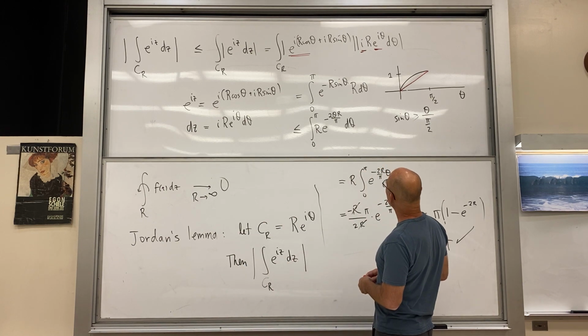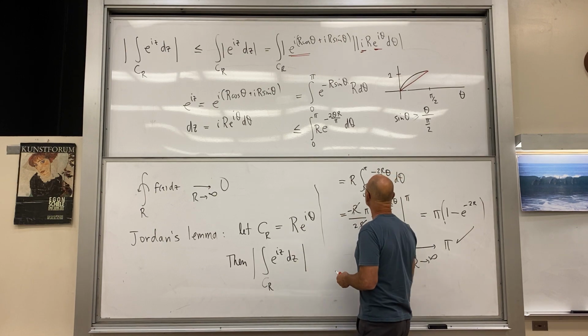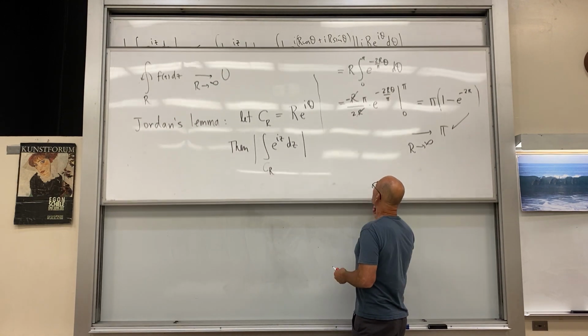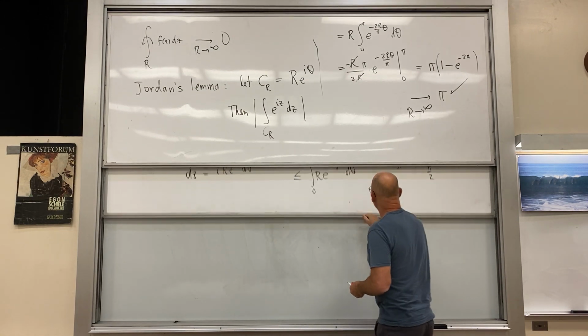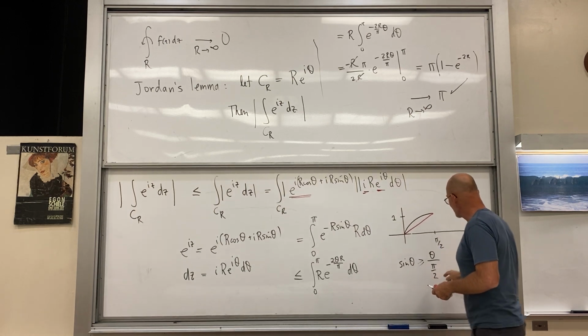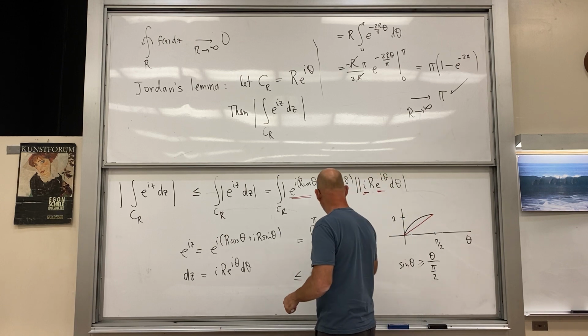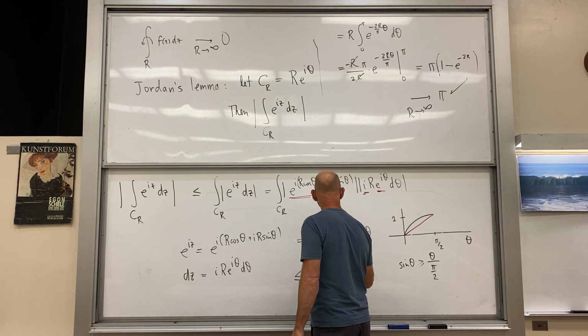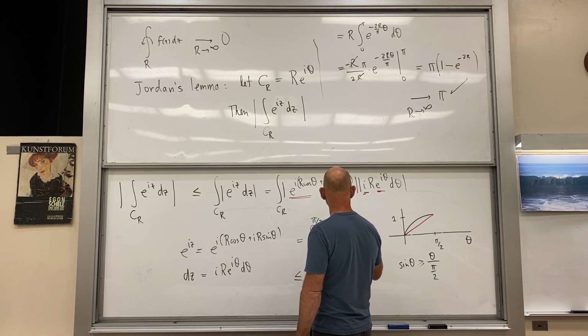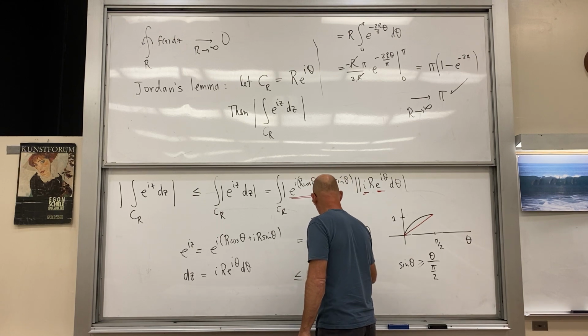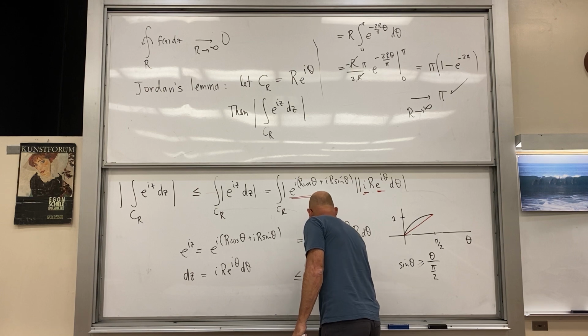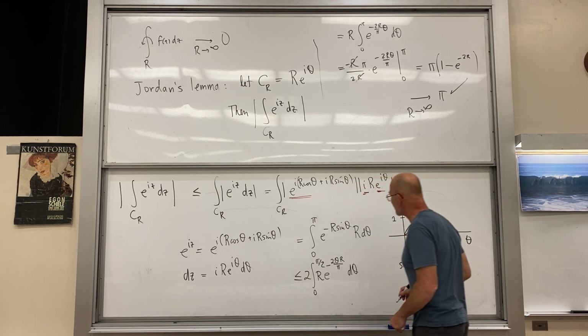Okay, let's correct this while we have a chance. So my limit was going to be from 0 to pi over 2. So I actually had pi over 2 here's the pi. So here I had a factor of 2 and take it from 0 to pi over 2.